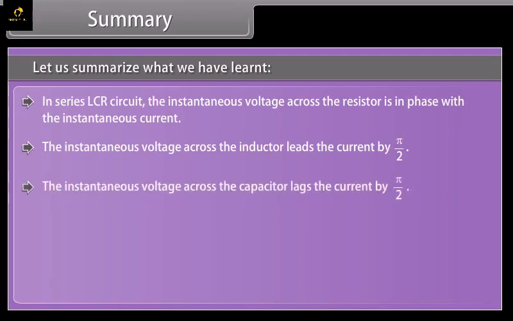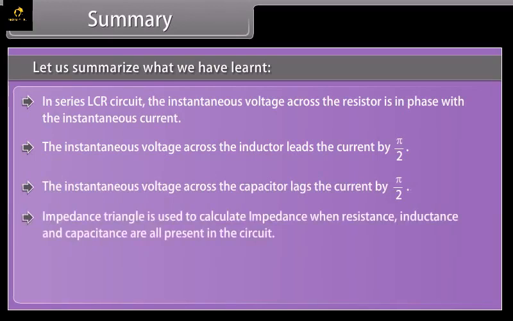The instantaneous voltage across the capacitor lags the current by pi by 2. Impedance triangle is used to calculate impedance when resistance, inductance and capacitance all are present in the circuit.